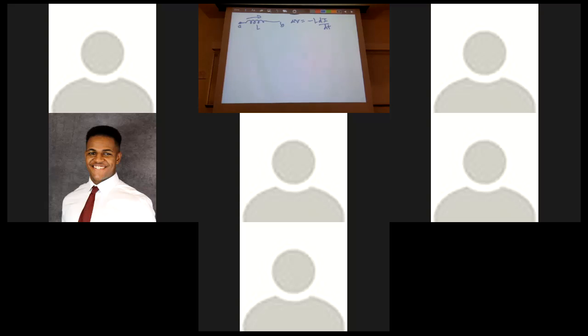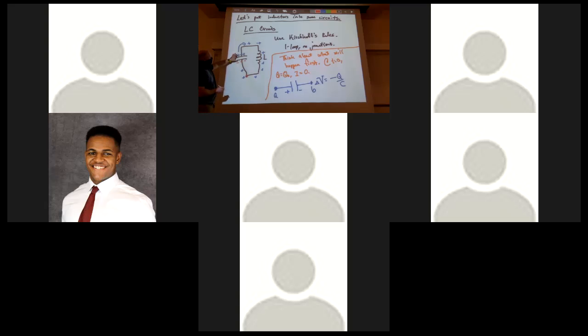So Kirchhoff's loop rule says that if we start off here at some point and go around in this direction, I get an increase from here as well as an increase from here if I go in the same direction as the current. If I write this down, I get negative Q over C minus L di dt equals 0.